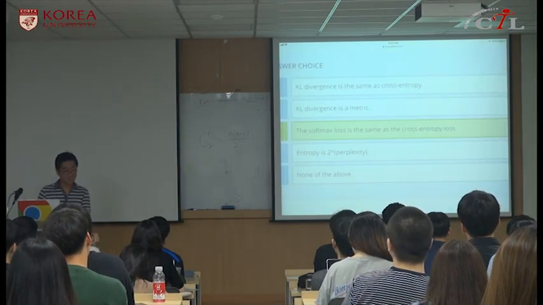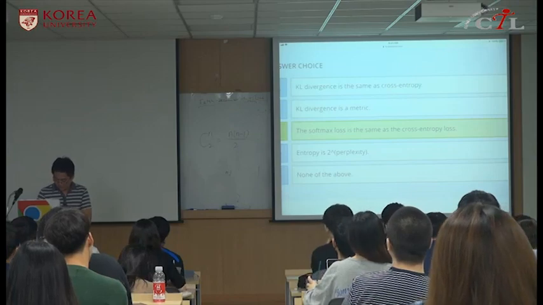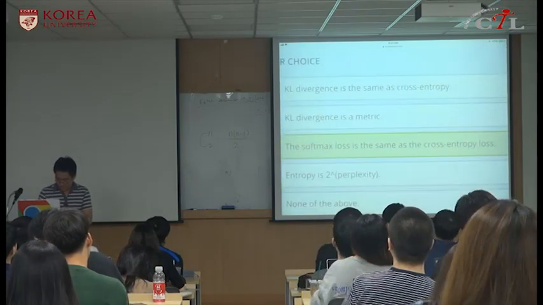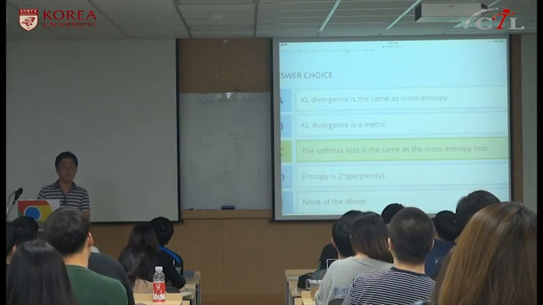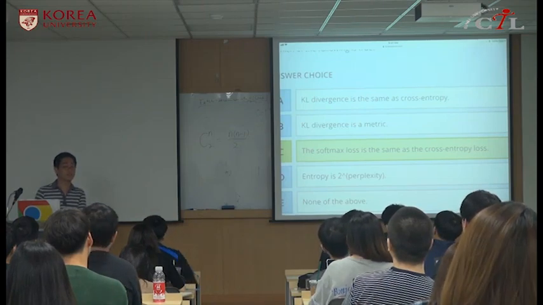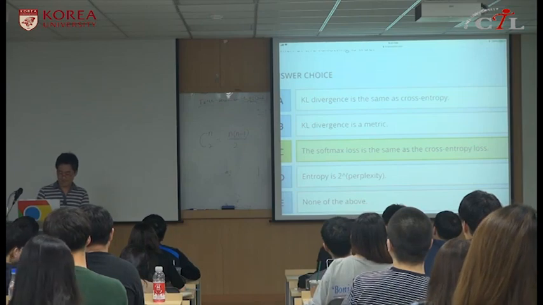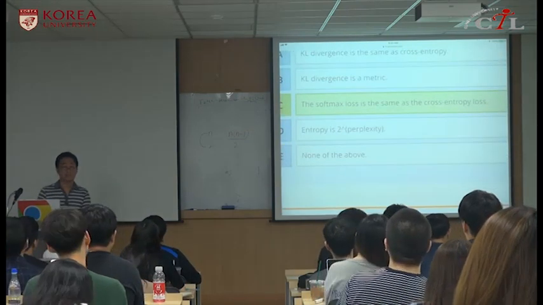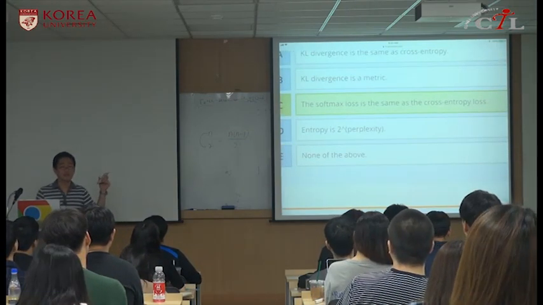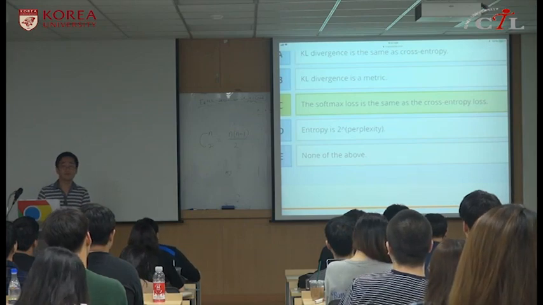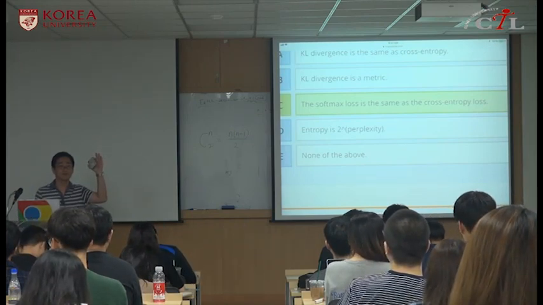Also, KL divergence is not a metric, and softmax loss is the same as the cross entropy loss. They are the same thing. Do you want me to explain a little bit more detail? If you want, please raise your hand.